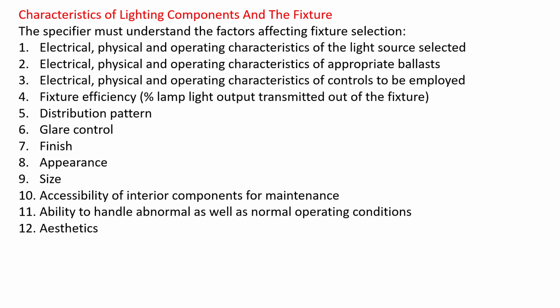Next is fixture efficiency, the percentage of light output transmitted out of the fixture. What is the distribution pattern? The sixth feature is glare control. What method is deployed for glare control?